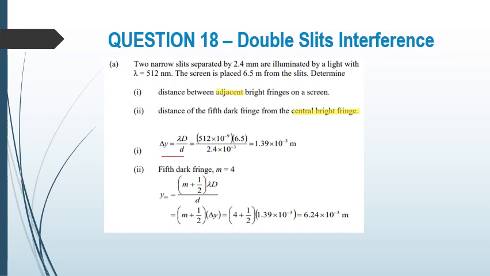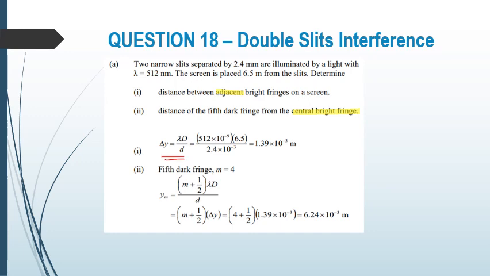lambda D over d. Remember, this equation is only valid if you have two consecutive same color fringes. For example, if the question is asking for the distance between two adjacent dark fringes, two adjacent bright fringes, two consecutive bright fringes, two consecutive dark fringes, then yes, you can apply this equation.